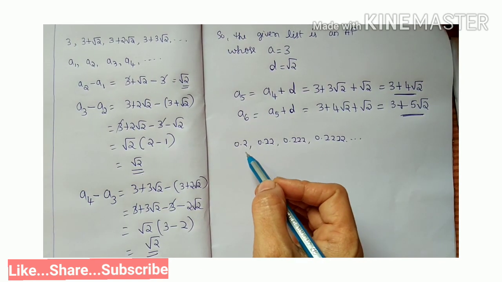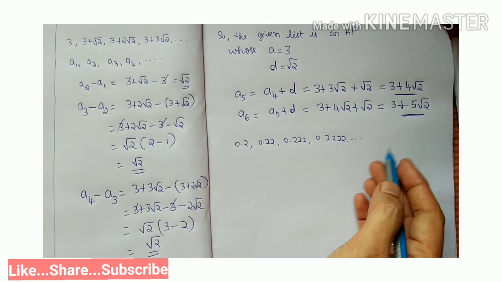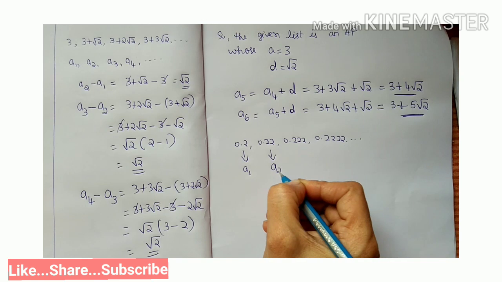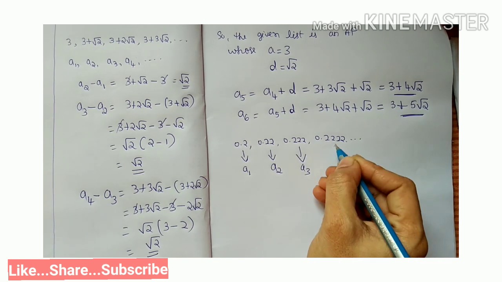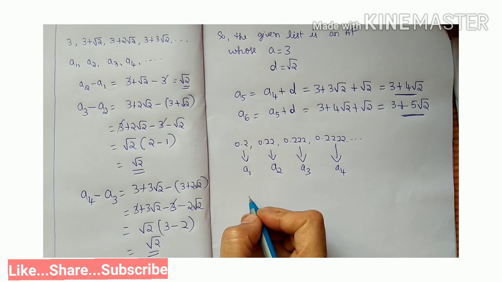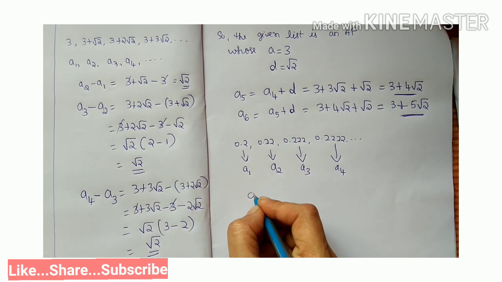Next, the list of numbers 0.2, 0.22, 0.222 and so on. Let's take A1, A2, A3, A4. Does it form an AP or not?